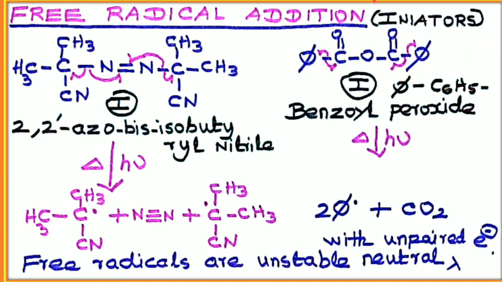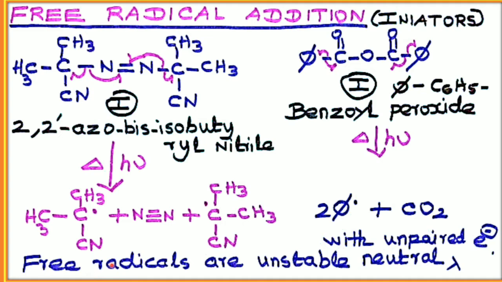Initiators are used in free radical addition polymerization reactions to generate free radicals. For example, 2,2'-azobisisobutyronitrile, benzoyl peroxide or lauryl peroxide are used as initiators.